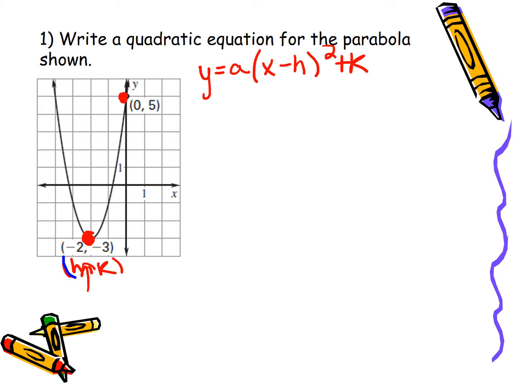So this vertex is h comma k, and because our vertex is -2 comma -3, our h is going to be -2 and our k is going to be -3. So y is equal to a times x minus -2, which turns to positive, squared, all plus k, which in this case is -3.